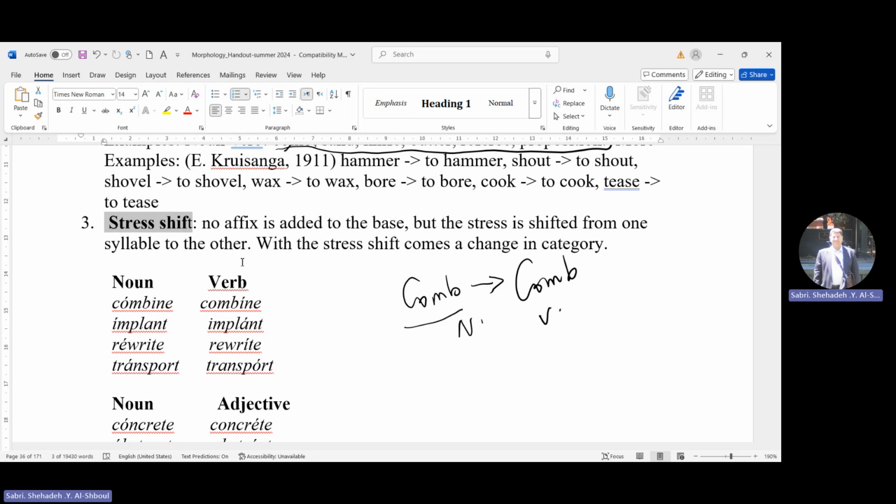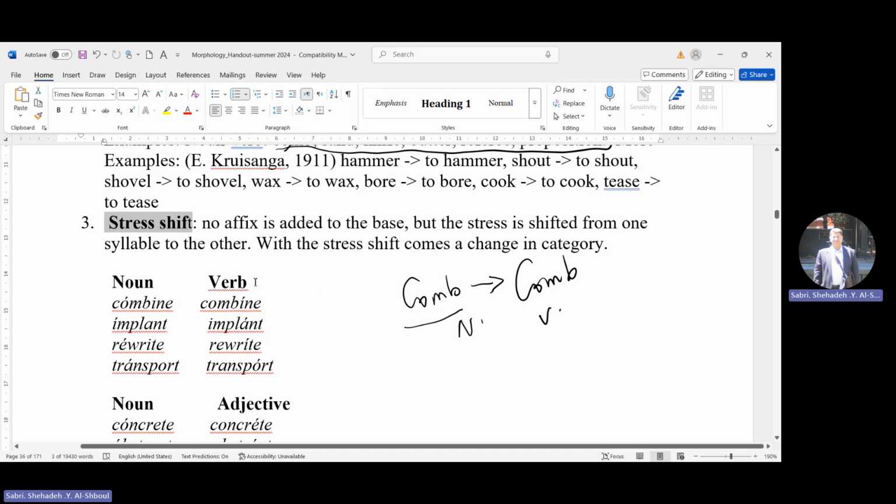It occupies a huge amount of investigation in English, unlike other languages like Arabic, for example, which doesn't have that much stress phenomenon in it, despite the fact that there are two views on whether Arabic has stress or not. But for the time being, it is sufficient to say that English is a stress-based language, unlike Arabic.